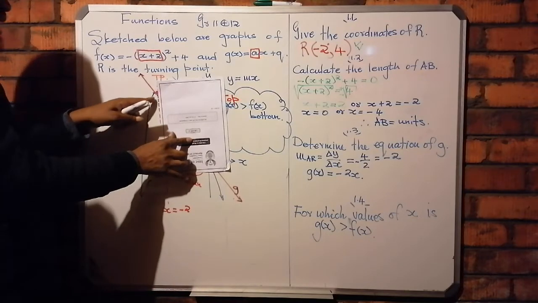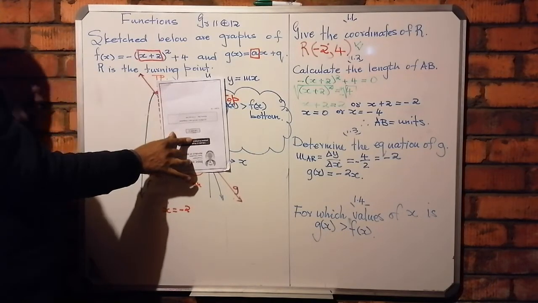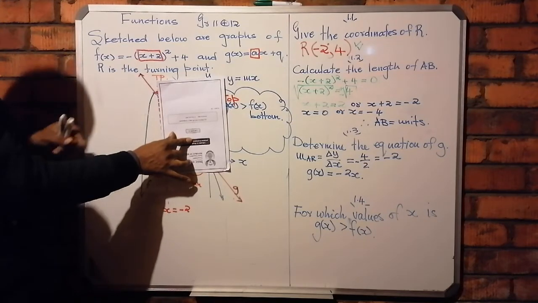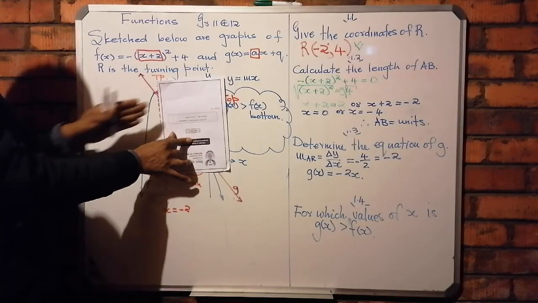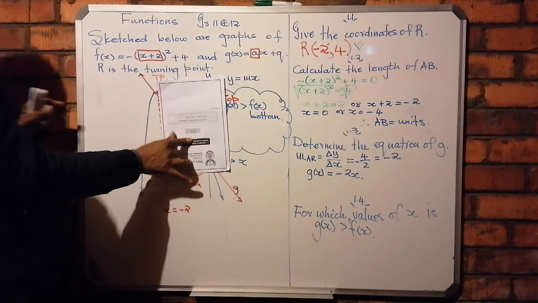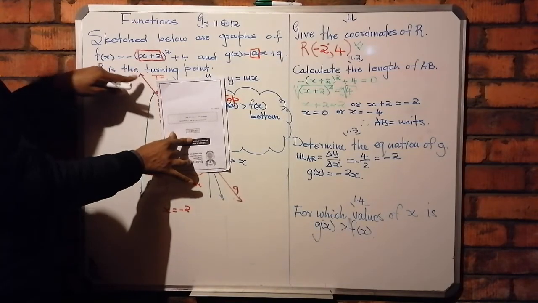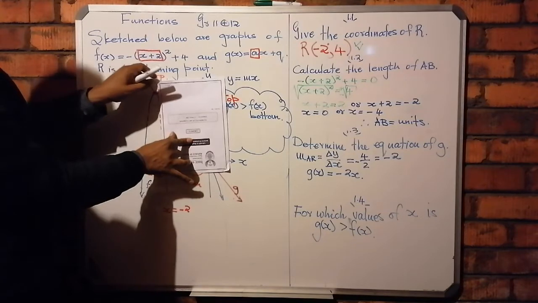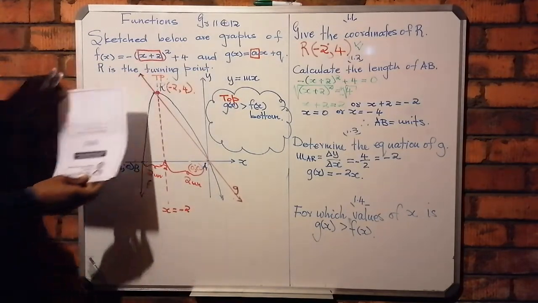Now, I start from equal, go to the left of equal. I want to see who's at the top, who's at the bottom. When I go to this side of equal, I can see that red is on top and blue is at the bottom. Right?